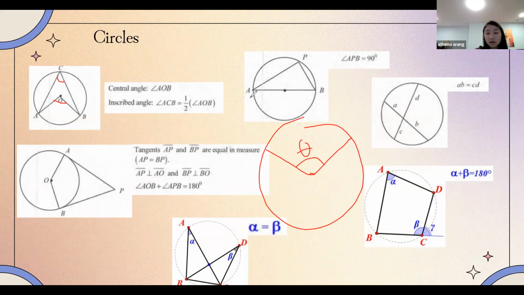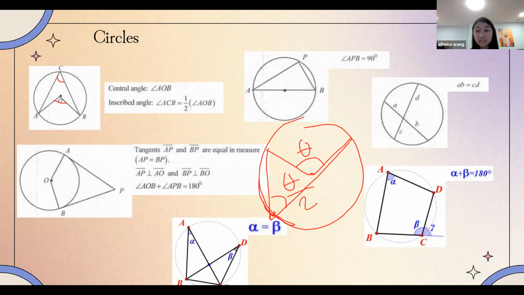If we draw a line to a point on the circle, or connect it to any point on the circle, this section is going to have an angle of theta over 2. That is very helpful.